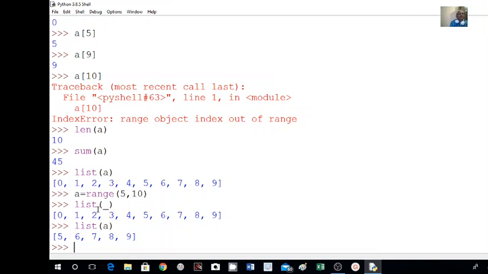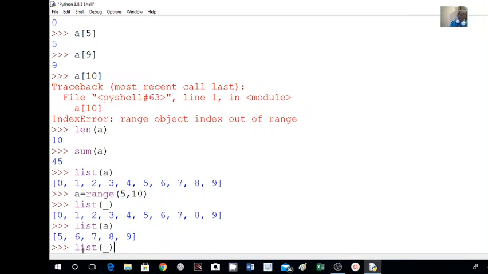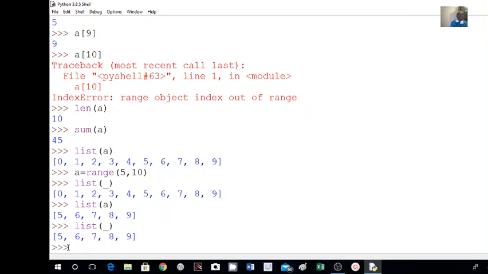I don't know why this is the list of the previous one. Now if I write list of the previous one again, what does it give? This is giving 5, 6, 7, 8, 9. Previous means this one here it is giving. Okay.